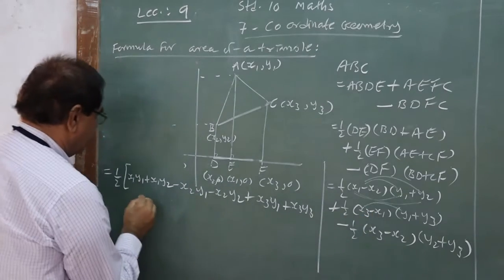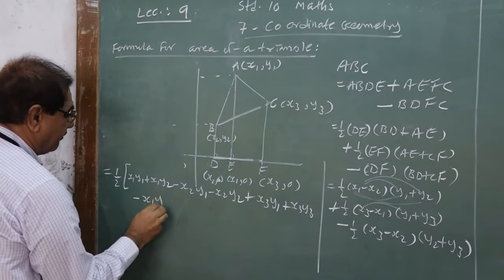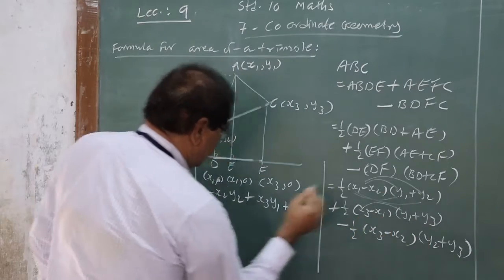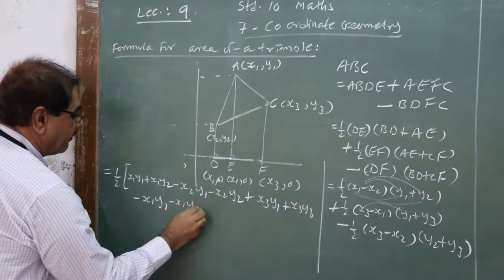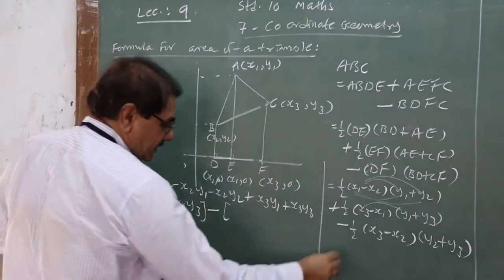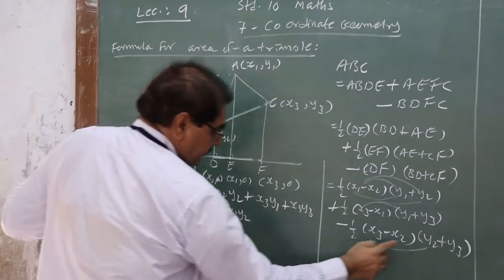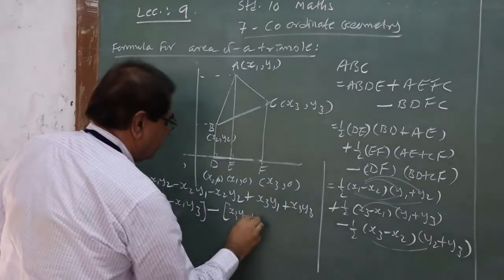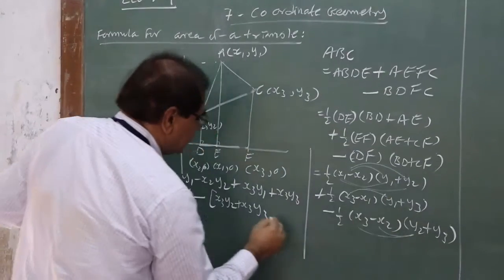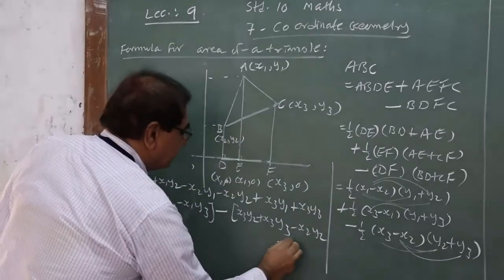Now minus x1 y1, minus x1 y3, minus the third trapezium. 1/2 is taken common. x3 y2 plus x3 y3 minus x2 y2 minus x2 y3.